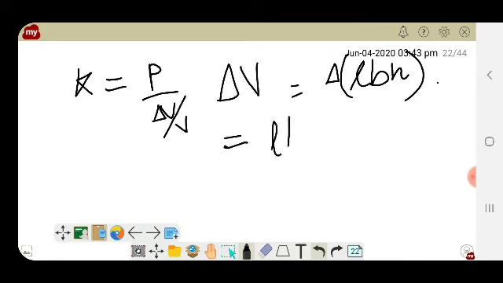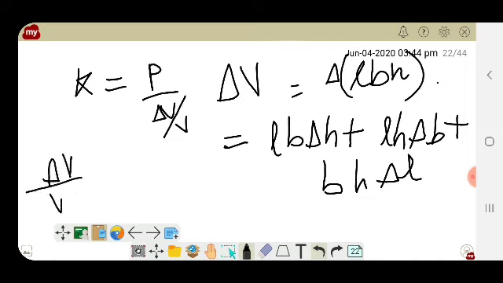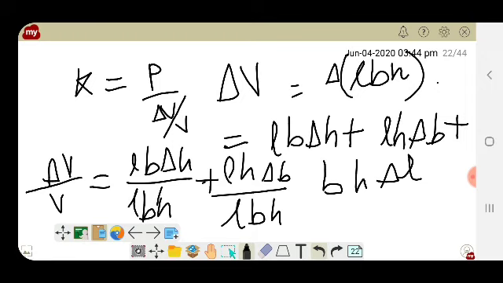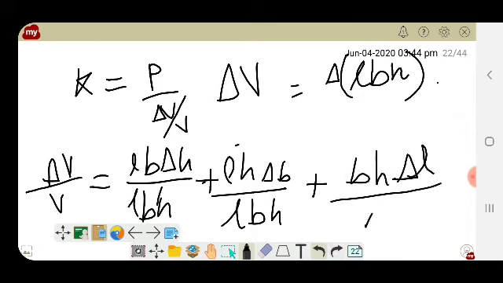It can be written as LB delta H plus LH delta B plus BH delta L. Dividing throughout by V, where volume is LBH, delta V by V is LB delta H by LBH plus LH delta B by LBH plus BH delta L by LBH.